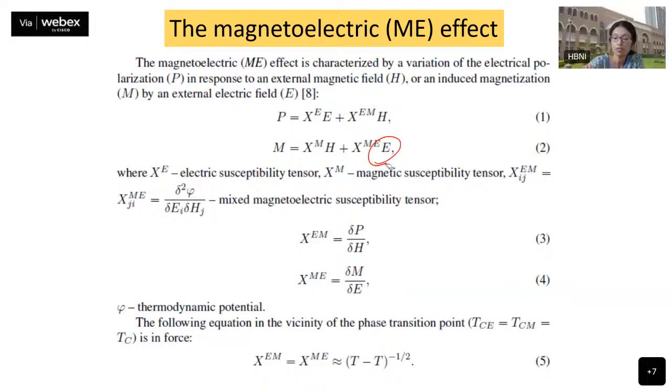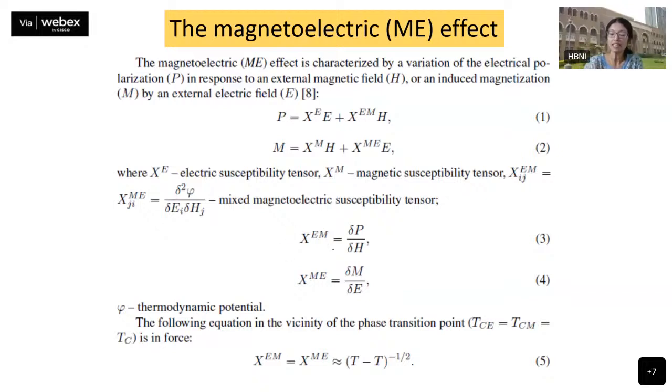Now, if we look into this, what are the definitions? This chi E is basically the electric susceptibility tensor. Chi M is the magnetic susceptibility tensor. Whereas chi EM_ij is equal to chi ME_ji, and this is delta squared phi by delta E_i and delta H_j, which is the mixed magnetoelectric susceptibility tensor.